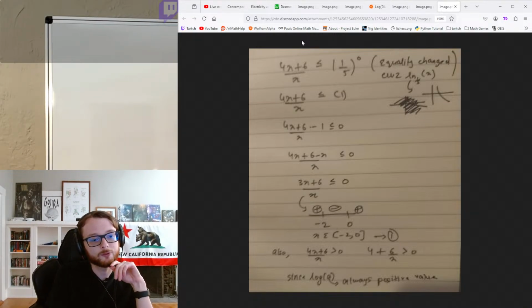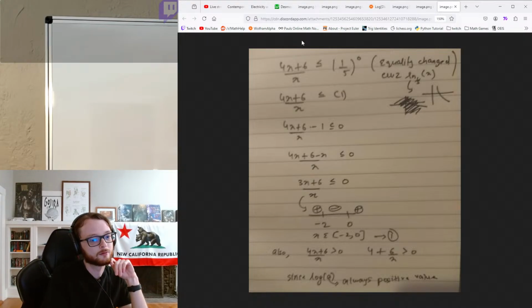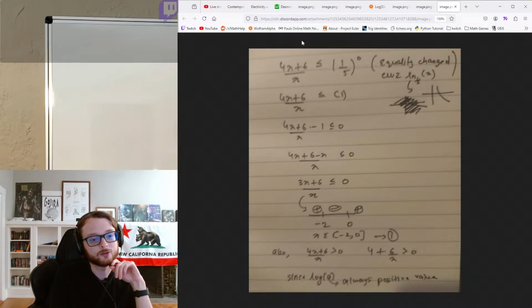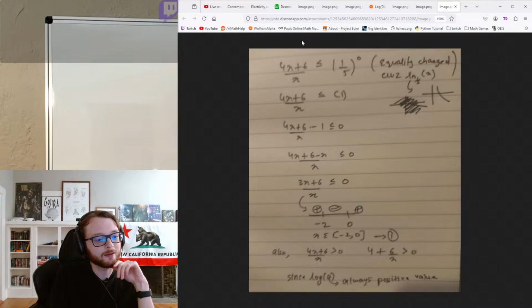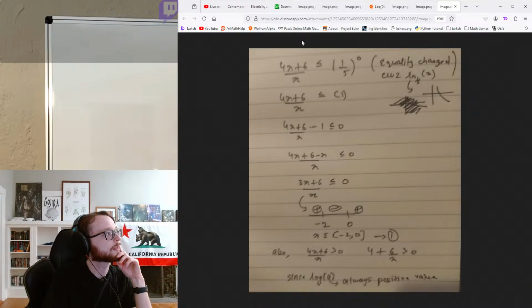If the base is between 0 and 1, the inequality changes. Base is not between 0 and 1, the inequality doesn't change. I'm trying to come up with, like, I guess maybe the intuitive justification where, like, if the log of something is greater than 0, what does that mean for the inside?